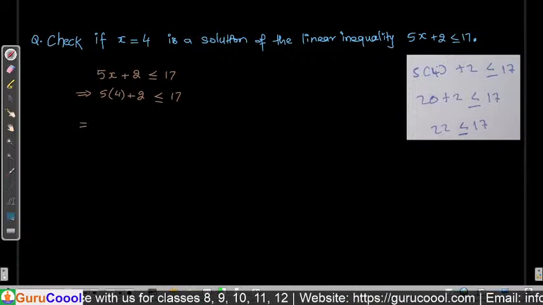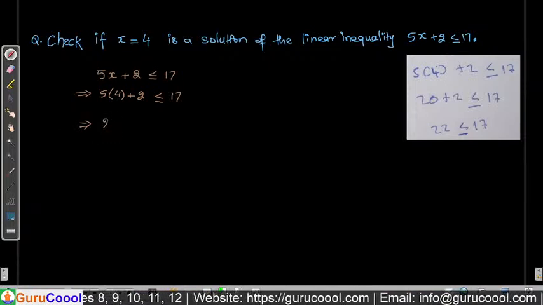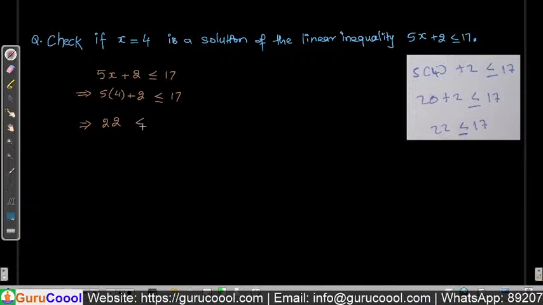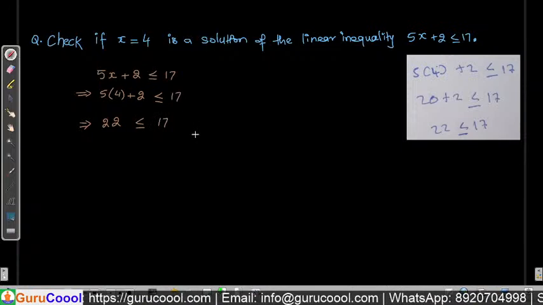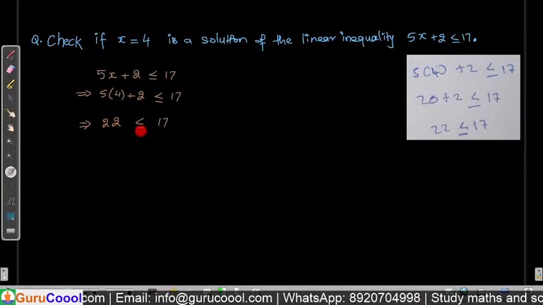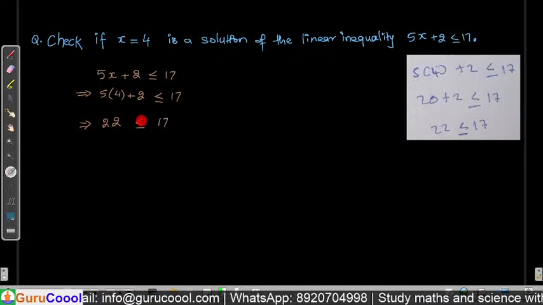Now I will simplify. Step 2: 20 plus 2, that is 22, lesser than or equal to 17. 22 is neither equal to nor less than 17. So this statement is false.